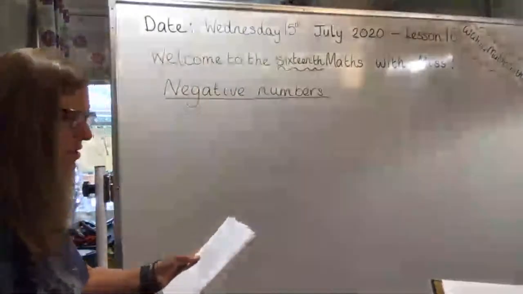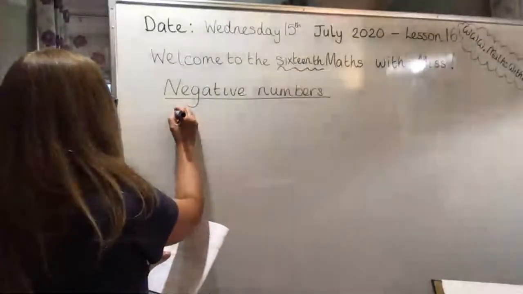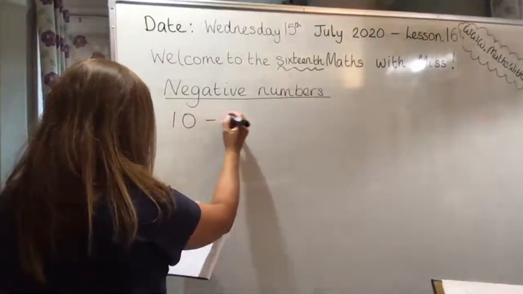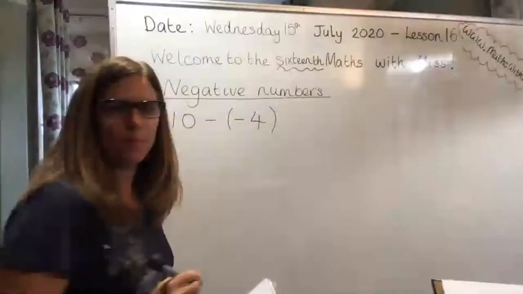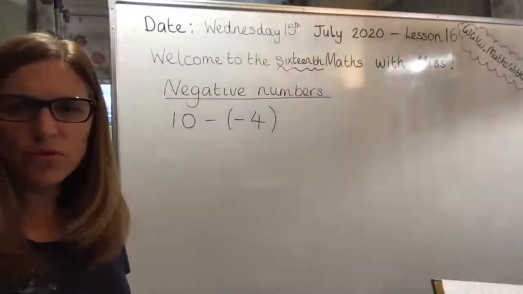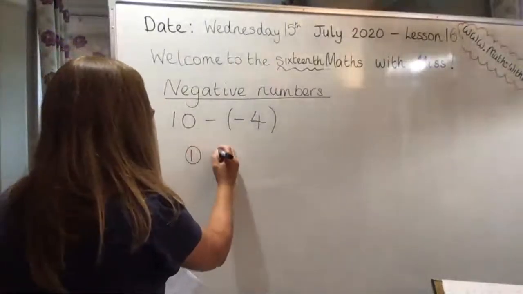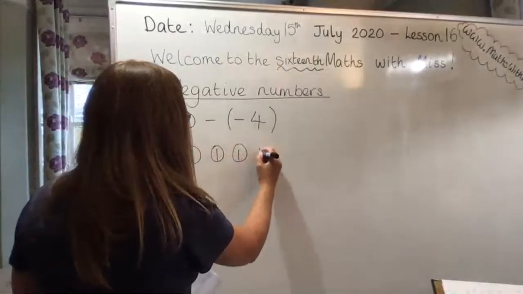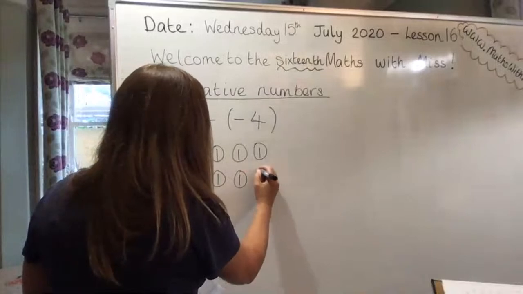This is part 2, question 1. The question was, you have 10 and you are subtracting a negative 4. These are always quite difficult questions, so I'm going to just show you. I should have picked a smaller number than 10, really, shouldn't I? But never mind.